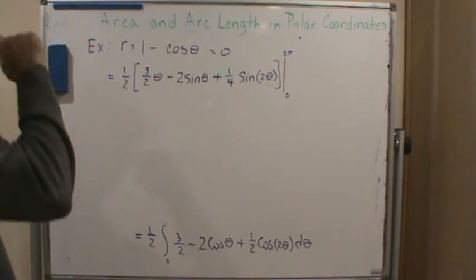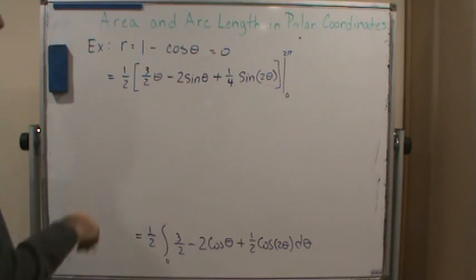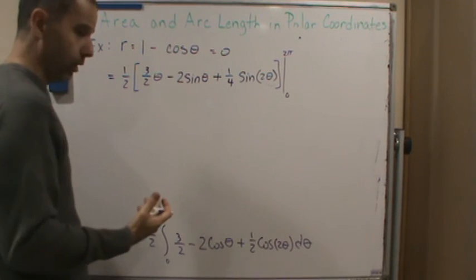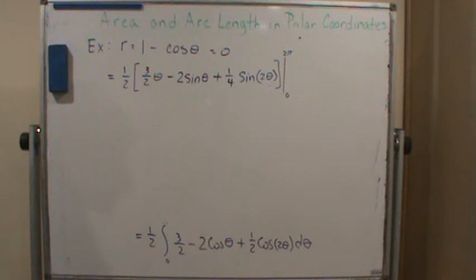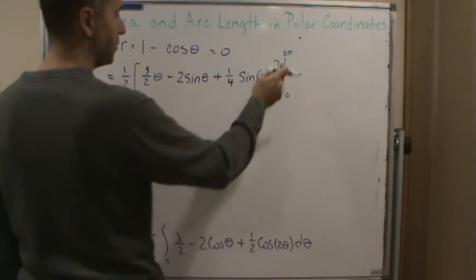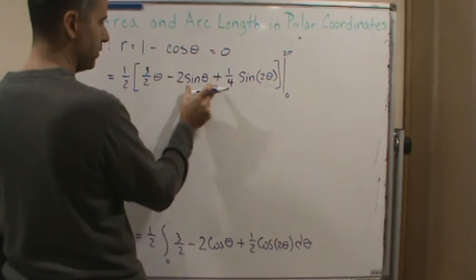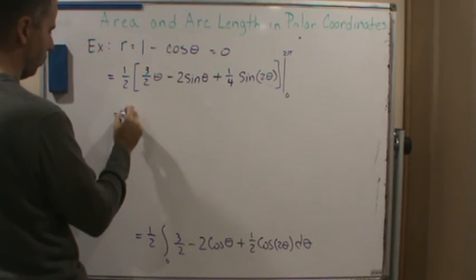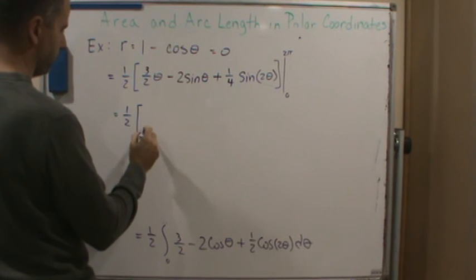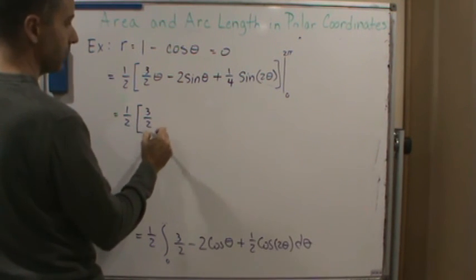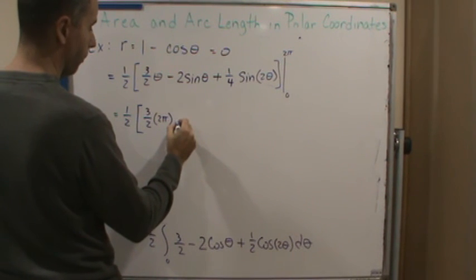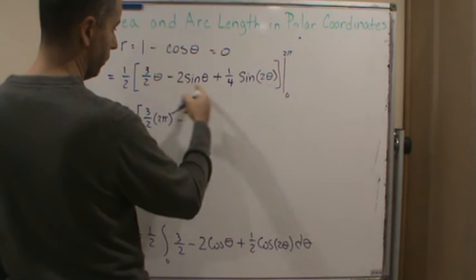Okay, now sine is easy, because sine is 0 for all integer multiples of pi. That means at 2 pi and at 0, these are going to be 0. So what do we get? We get 1/2 times 3/2 times 2 pi minus 0.